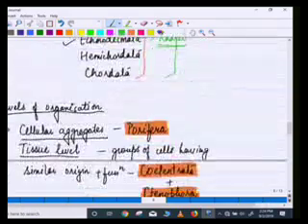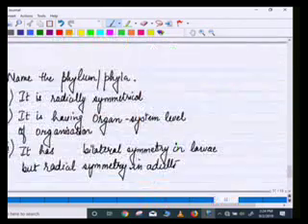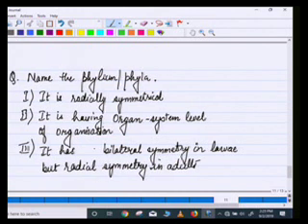You can add this point for your Echinodermata section when we move ahead to each of the phyla: it has bilateral symmetry in larvae. The larvae of Echinodermata exceptionally have bilateral symmetry, but the adults don't have bilateral, they possess radial symmetry. So this is a very, very unique feature.